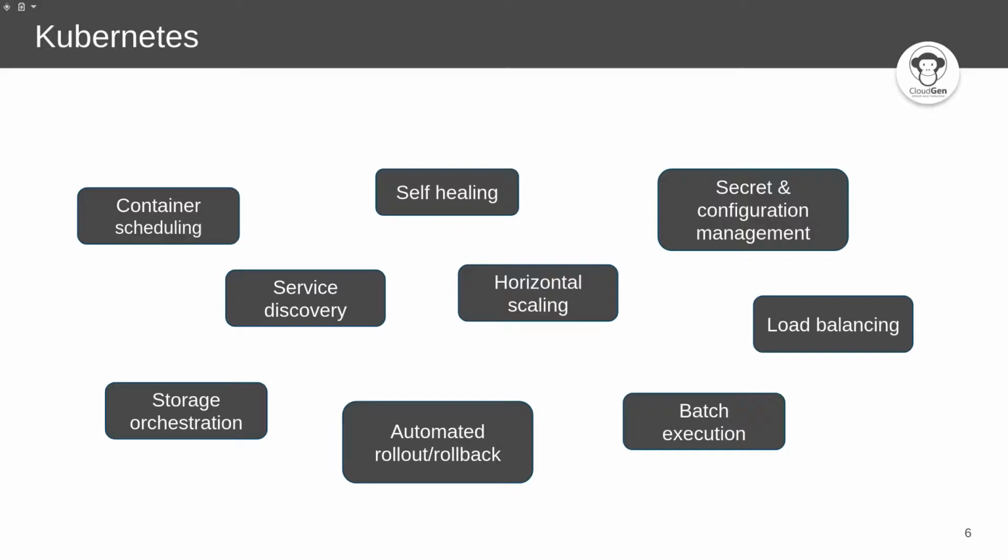It provides self-healing, so if your application is crashing, Kubernetes will detect that using some probes and then restart your application without you having to act manually on the cluster.